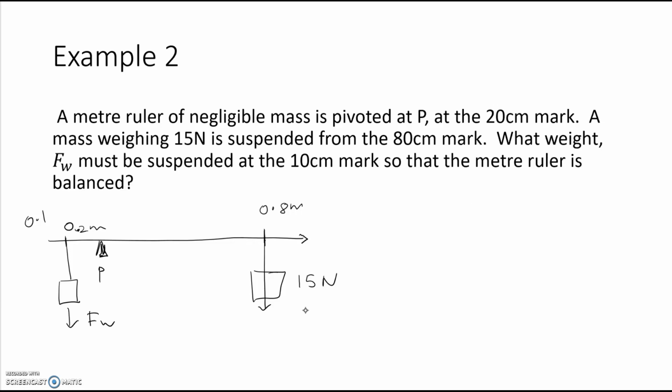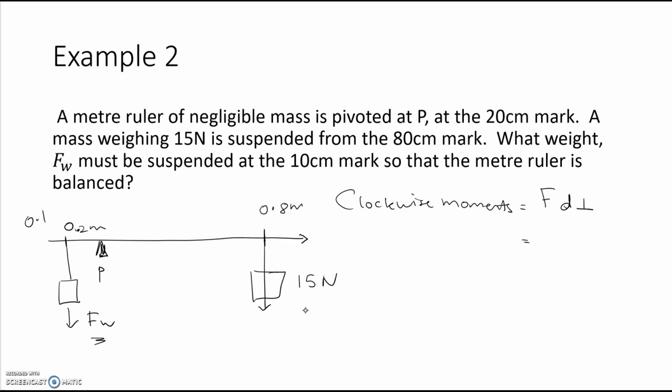So we need to find W. The sum of the clockwise moments must equal the sum of the anti-clockwise moments because it's suspended. So let's first look at the clockwise moments. That's force times distance.